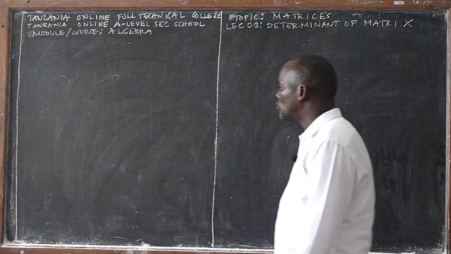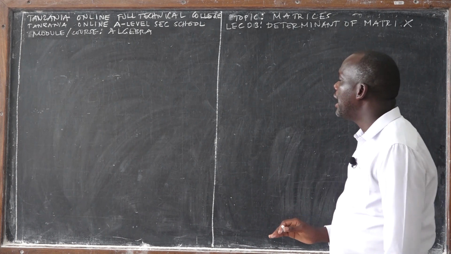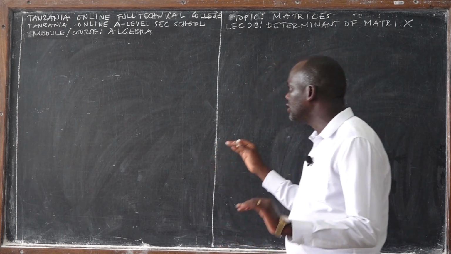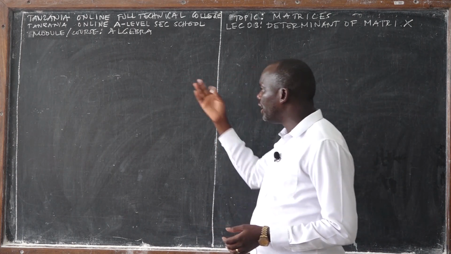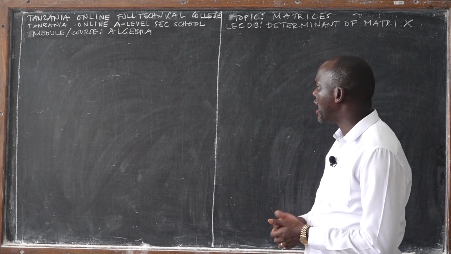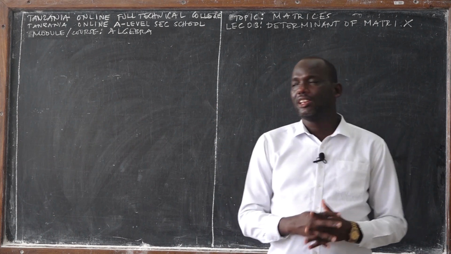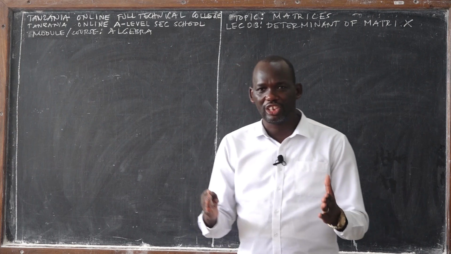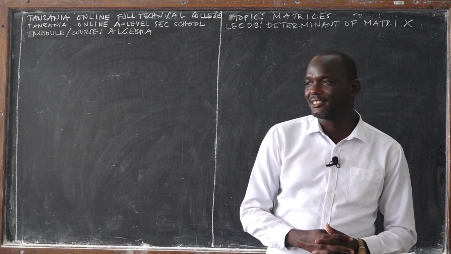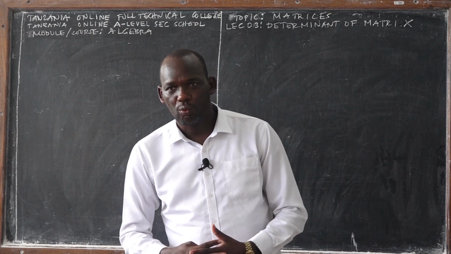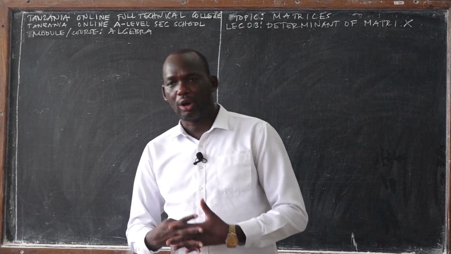We have departments of mathematics, and some of the topics in ordinary diploma and A-level are just the same. For instance, in most technical colleges in our beautiful country Tanzania, engineering students have a module called Algebra. Algebra is a module for ordinary diploma, but for advanced secondary students, Algebra is one of the 10 topics in advanced pure mathematics.